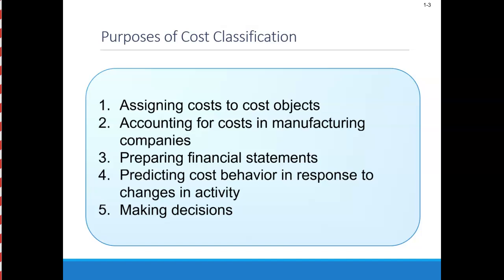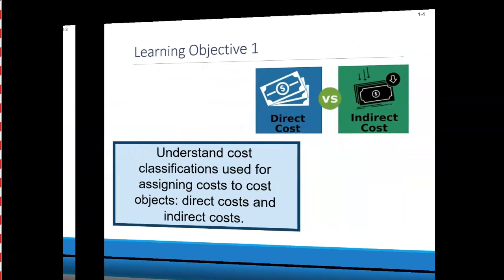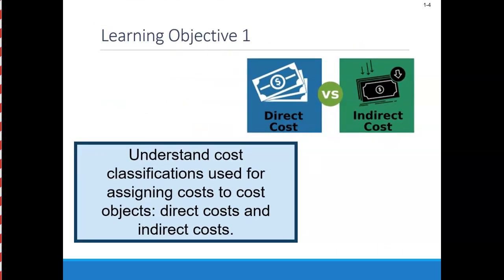We're going to predict cost behavior, meaning when activities change, we should be able to then determine how costs are going to change with those activity changes. Ultimately, all this is about making decisions, providing the users with helpful information that is going to allow them to make smart decisions. First thing we're going to do is understand cost classifications.